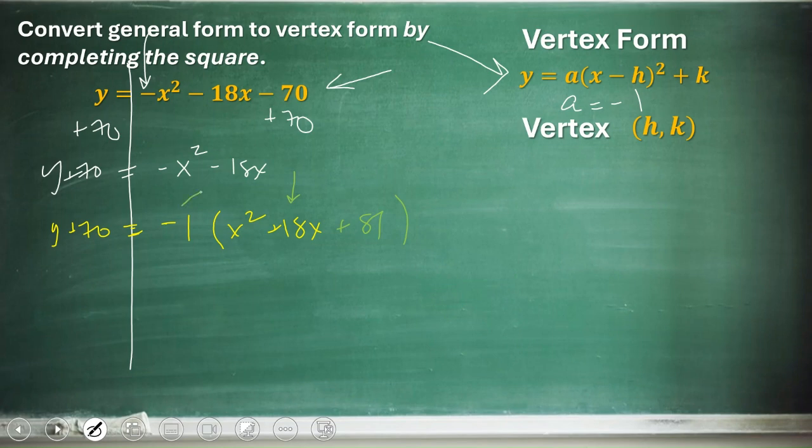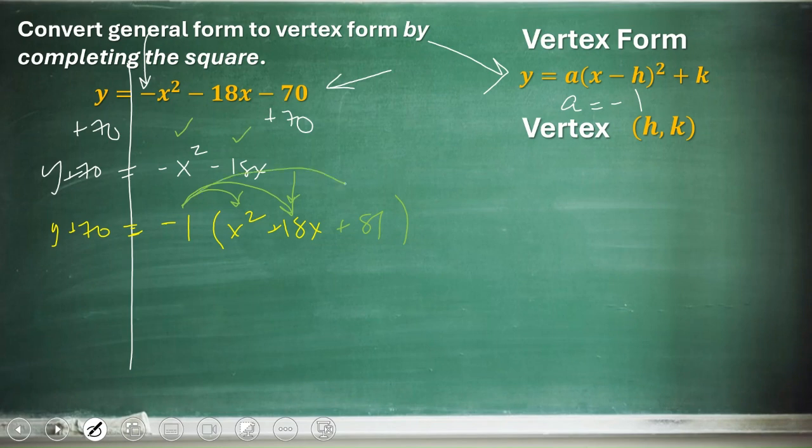This -1 is being distributed to every single term in this trinomial that we just created. And if we want to do a quick check, x² times -1 is -x². That means we factored -1 out correctly. -1 times 18x is -18x, factored it out.